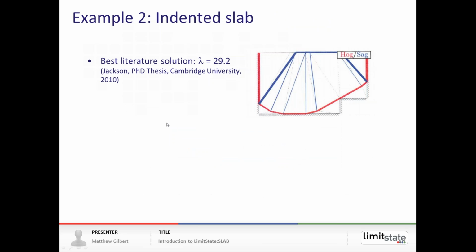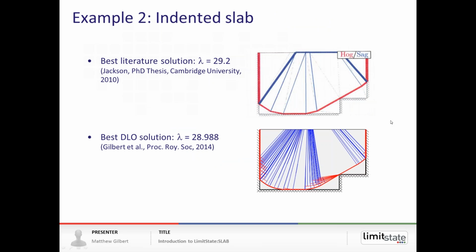Here's just one example. This is an indented slab problem with differing support types, simple and fixed supports. Best solution in the literature was 29.2. We came across a better solution, a lower solution, albeit a more complex pattern.